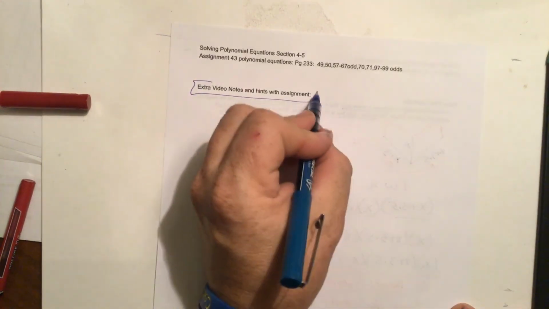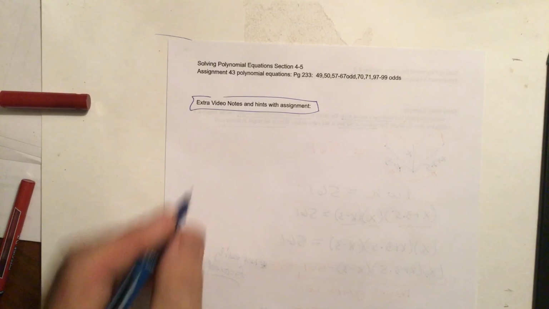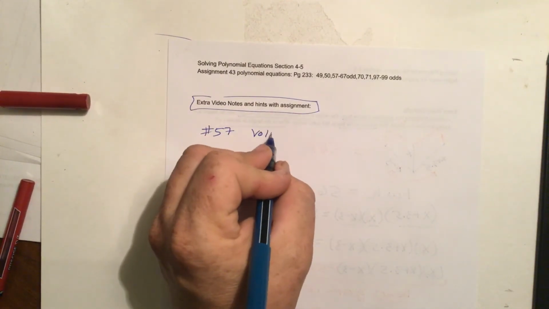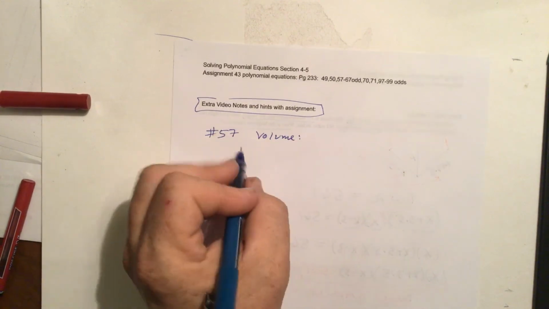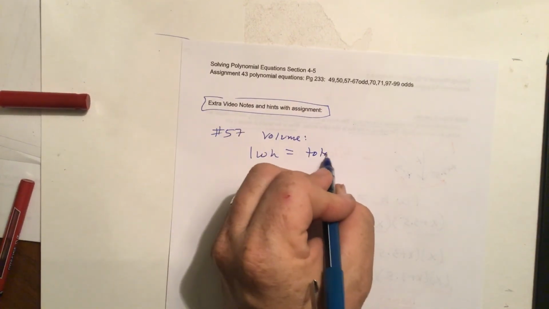All right. So on the back here, this is why it's good to watch the videos. On the back here, we're looking at some different ones. Number 57 is the volume. Just like we did here, length times width times height equals the total volume.